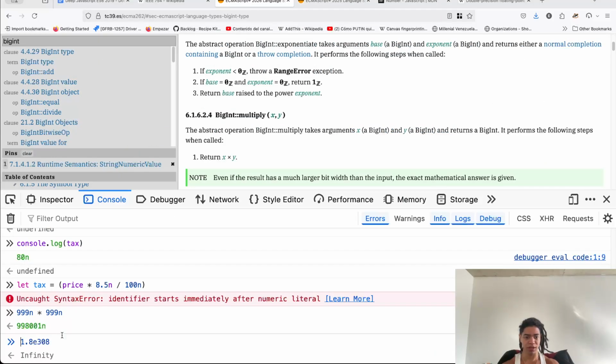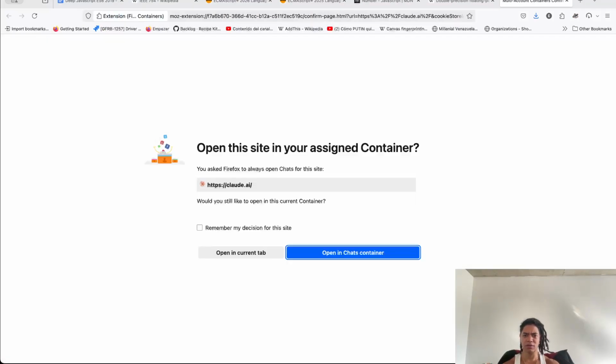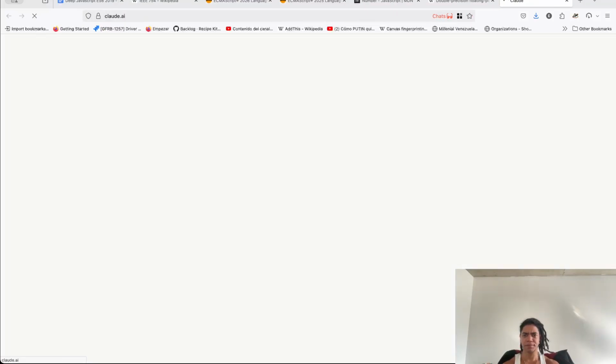Can we compute that, because that number is so huge? 2 to the power of 53. Can you bring that up in decimal? Let me open the calculator here.